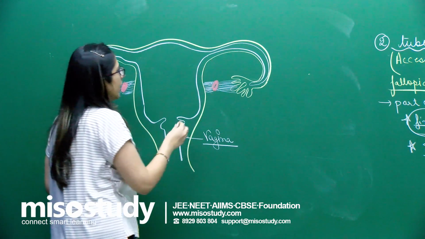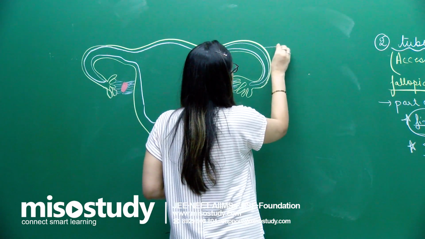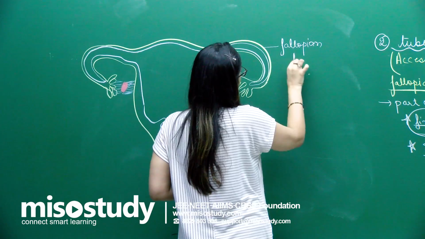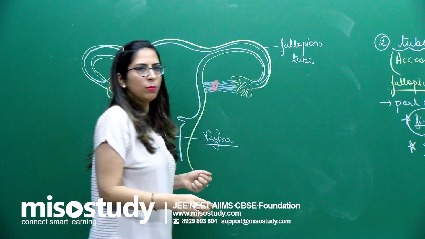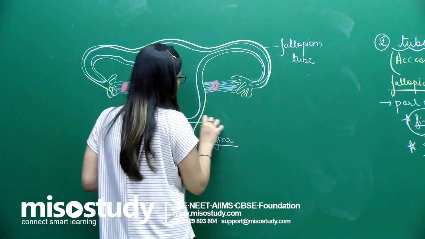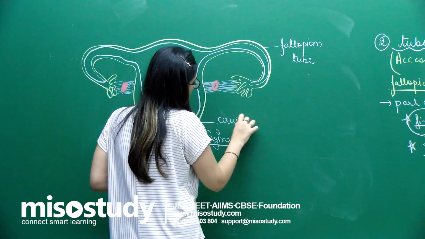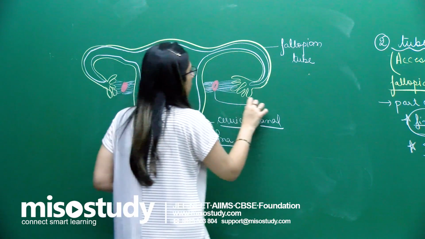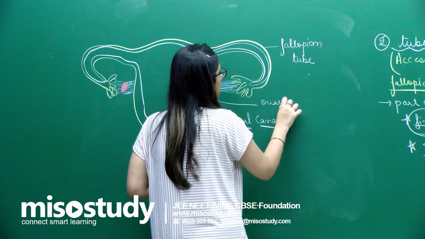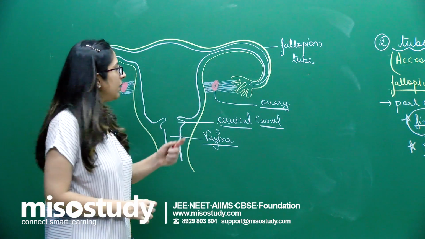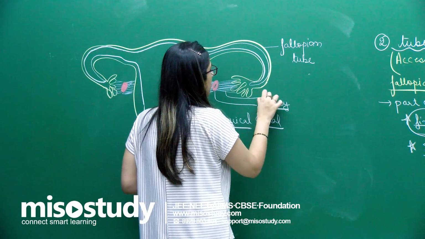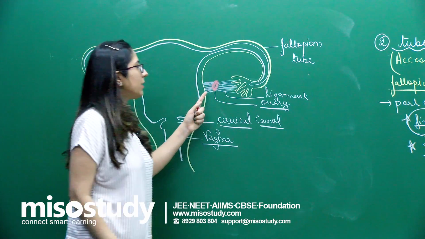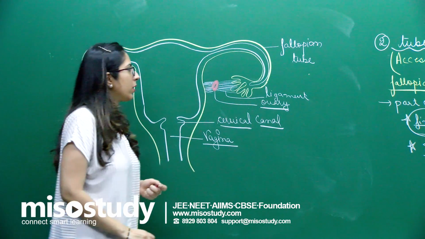Now, let's start labeling. This whole region is called the fallopian tube. This region is called the cervical canal. This is called the ovary. We have a pair of ovaries, one on both sides. Similarly, there are certain ligaments present which help in attachment of the ovary to the uterus as well as to the pelvic wall.